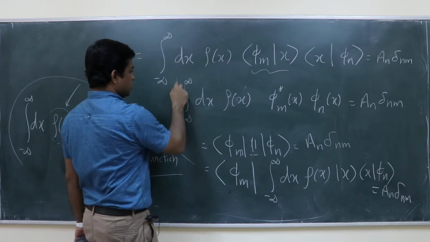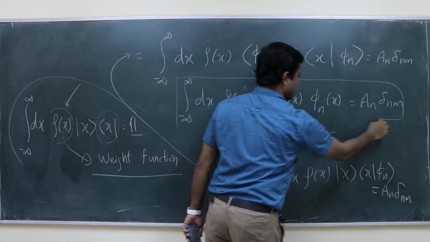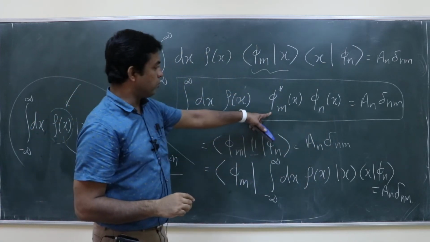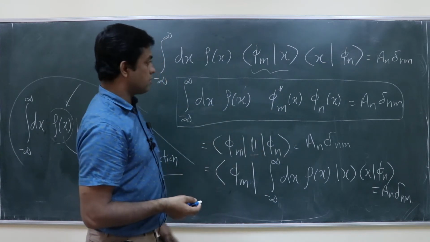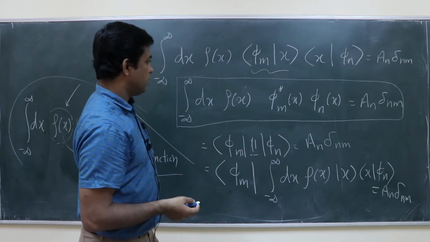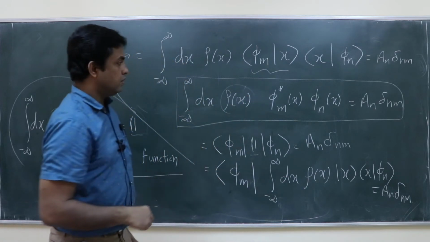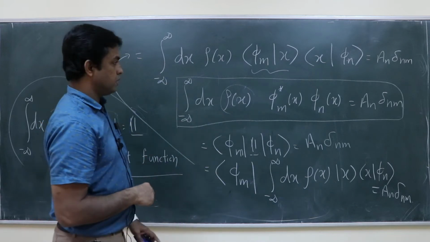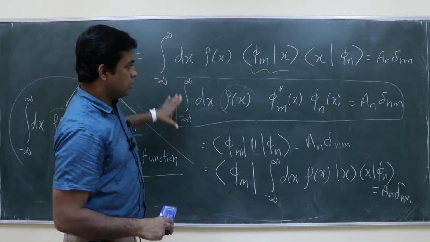So this is basically the orthogonality relation for those polynomials which are basis vectors. This rho of x will take care of the square integrability of those polynomials. So this one we got.